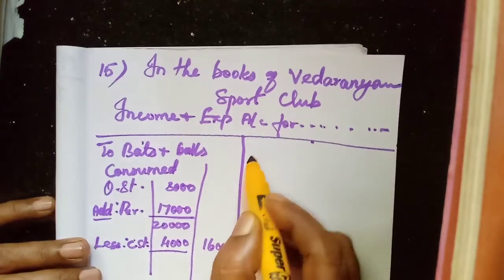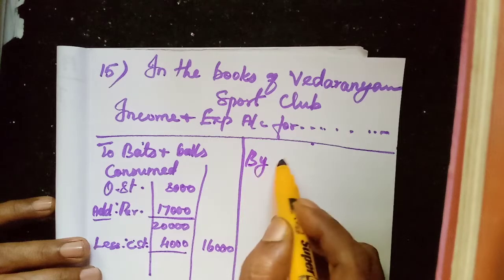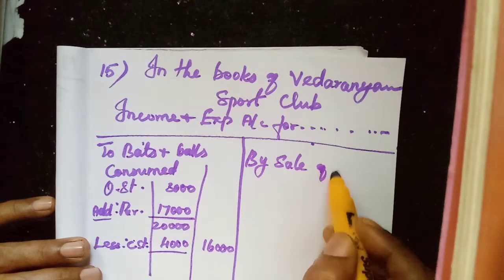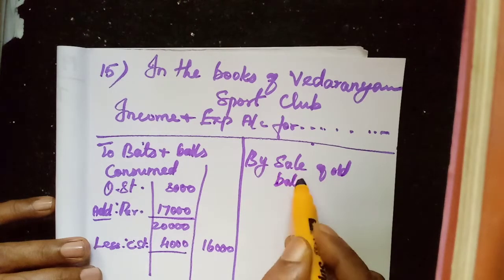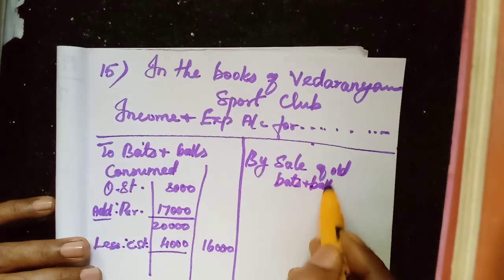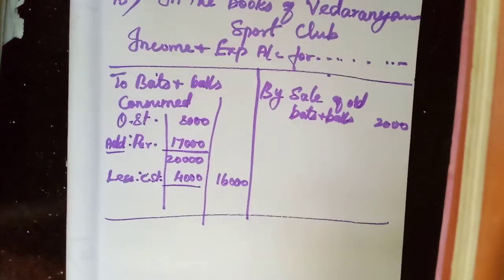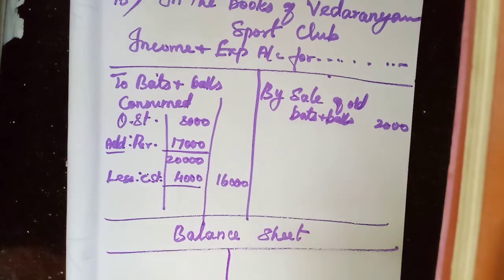Now one more item given, sale of old bats and balls. How much? 2,000. Then again this one item only will appear in the balance sheet. Okay. So balance sheet, only one side.